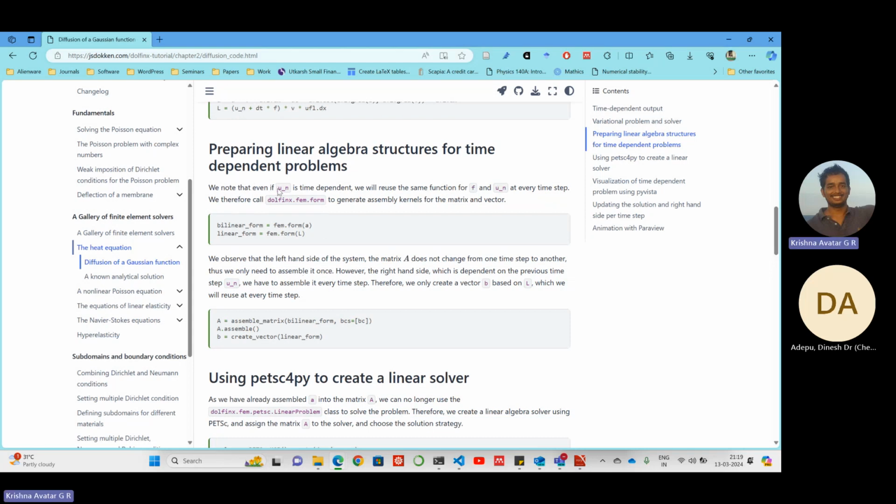So we know that even if u_n is time-dependent, we will reuse the same function for f and u at every time step, because that's how we are going to increment, or say advance, in time. We therefore call dolfinx.fem.form to generate assembly kernels for the matrix and vector. To be honest, I have not understood this clearly. It will take some time to understand what we mean by fem.form.